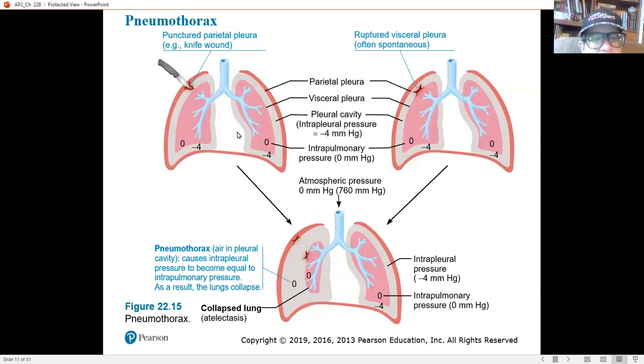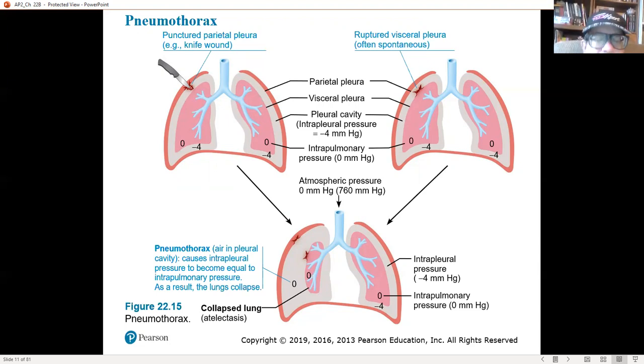What I was talking about was instead of a knife wound here, you can actually get a rip in the lungs if you're doing the wrong thing and holding your breath when scuba diving. And that will let air escape here, go into there, then they'll be equal and you'll collapse the lung. This could also happen if you smoke a lot and your lungs lose elasticity.